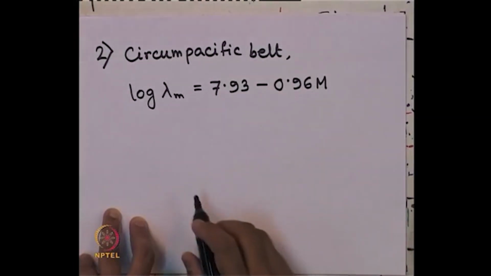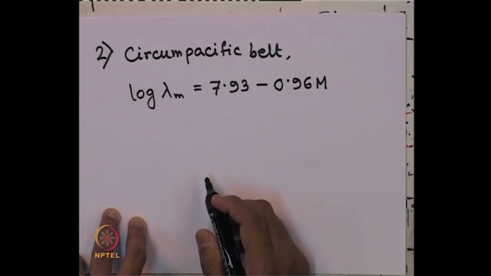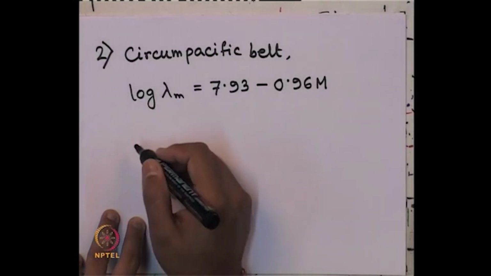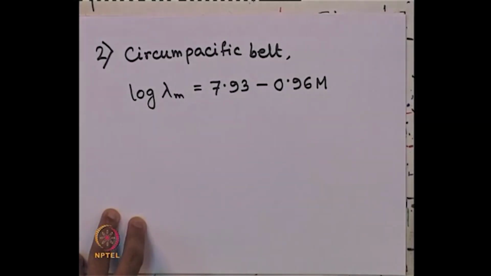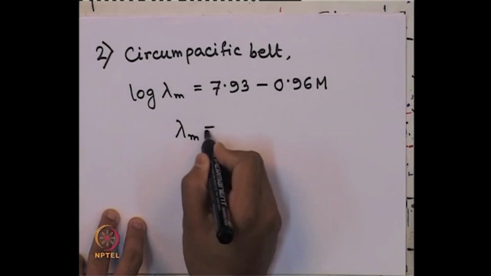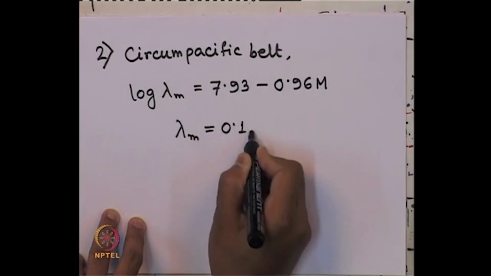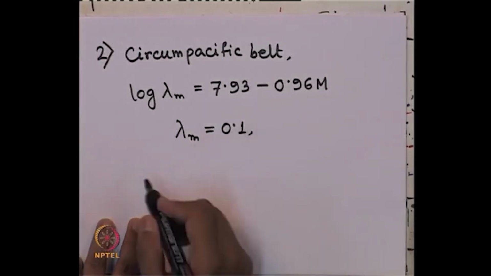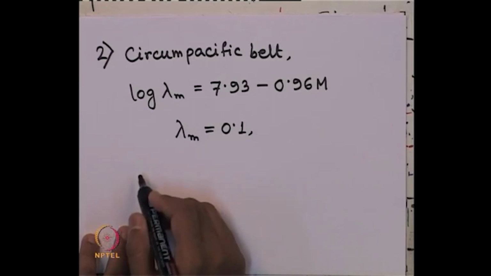This we have discussed in our theory class already. In our problem it is given that for your region from the PSHA curve you got lambda m value of 0.1. So, what will be the m value that we need to obtain?